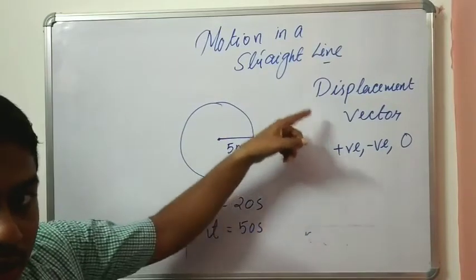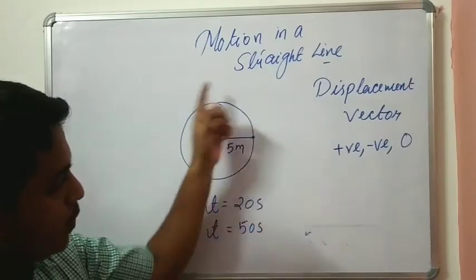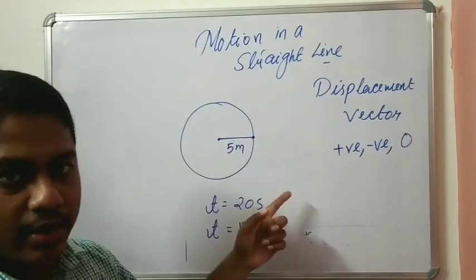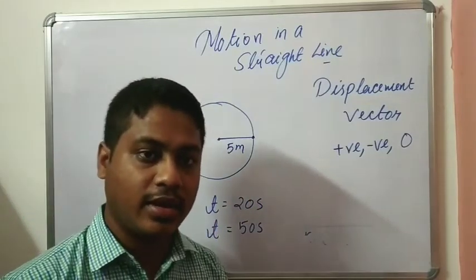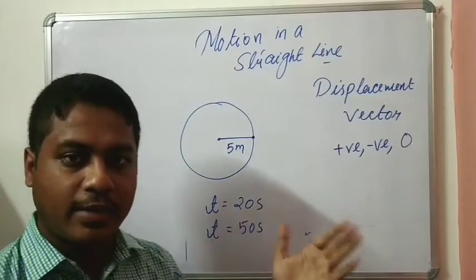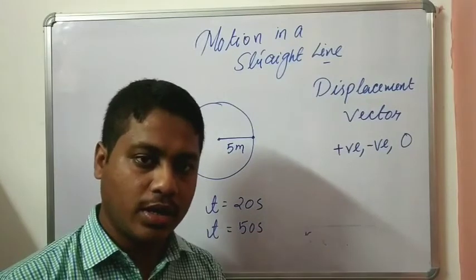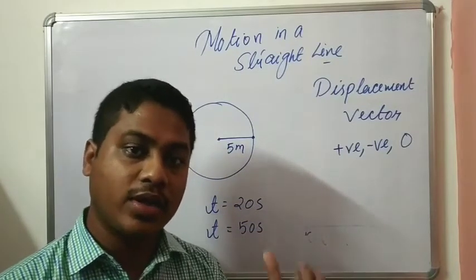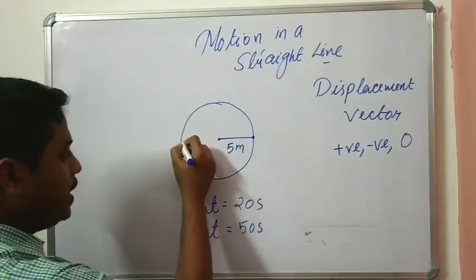If he takes one more circle, then he'll be taking 40 seconds. If he takes one more circle, he'll be taking 60 seconds. But in the question it is not given 60 seconds, it is given 50 seconds. That means if I divide this 20 into two parts, it will be 10 plus 10. That means after completing two circles, the person has completed half of a circle. So he'll be here.